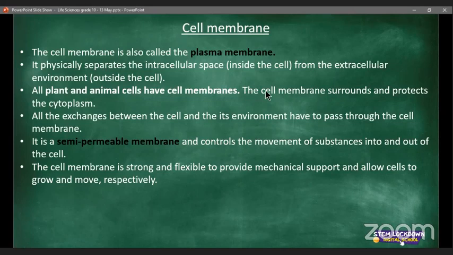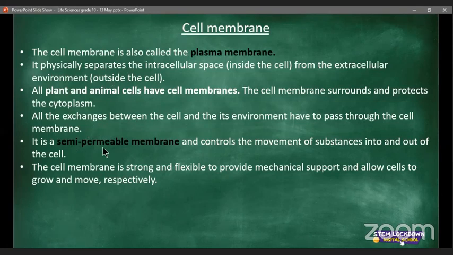The cell membrane surrounds and protects the cytoplasm, like we saw in the diagram on the previous slide. All the exchanges between the cell and its environment have to pass through the cell membrane, meaning that it is permeable.